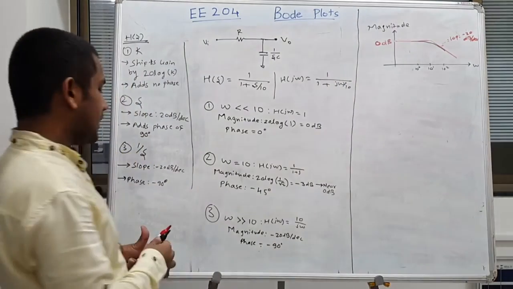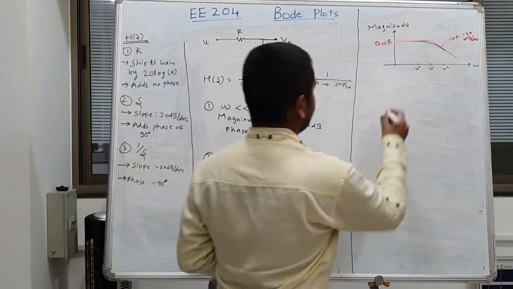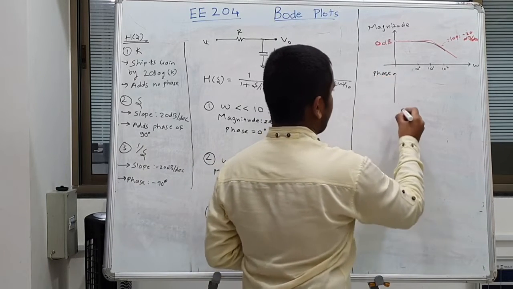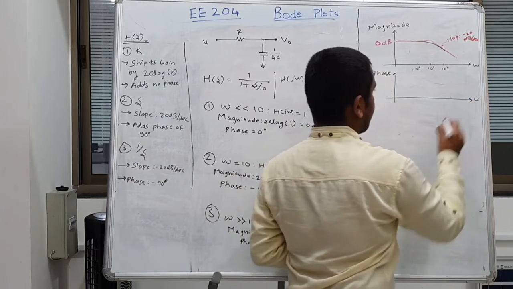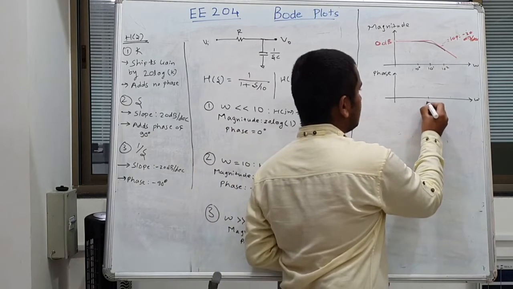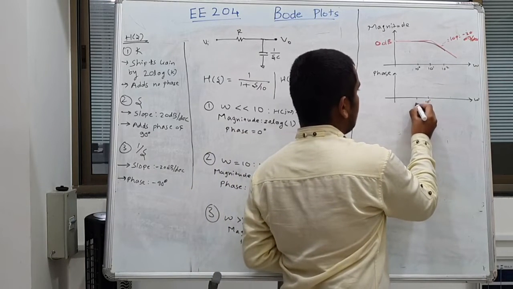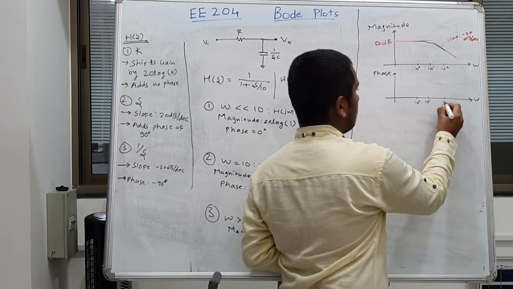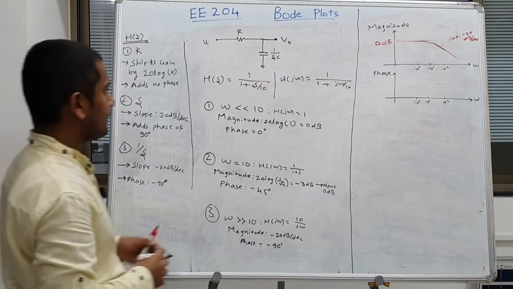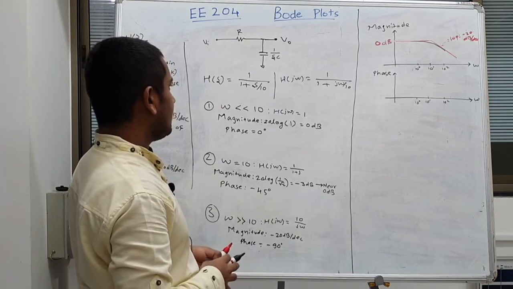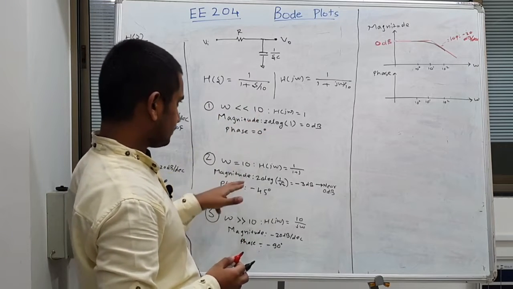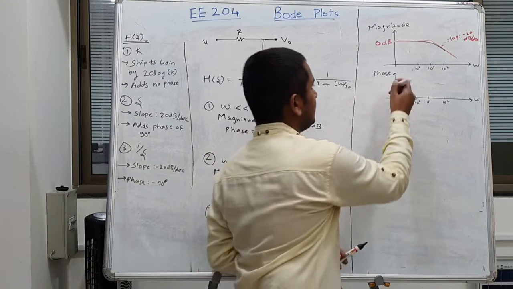Now let's look at a phase plot. We will write frequencies near the pole frequency, that is 10 to the power 1, 10 to the power 0 and 10 to the power 2. When we are at a frequency which is much lesser than 10, the phase is 0 degree.